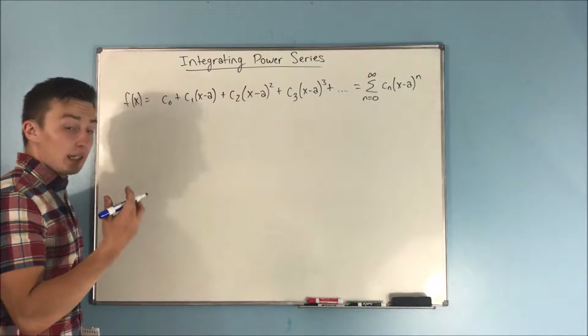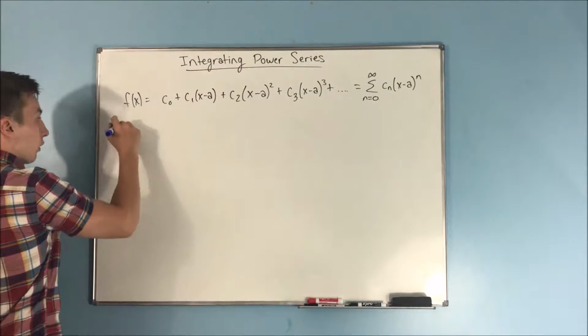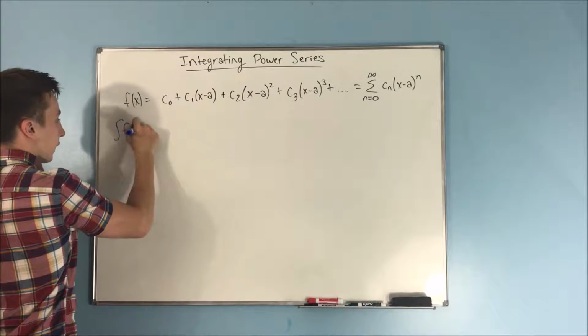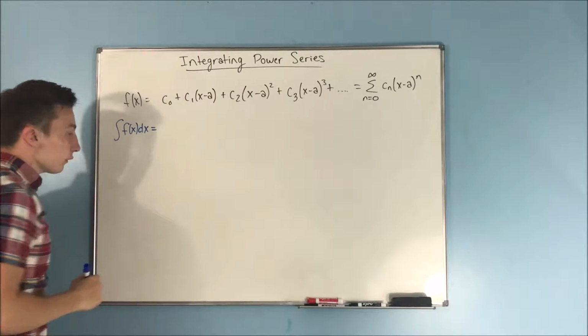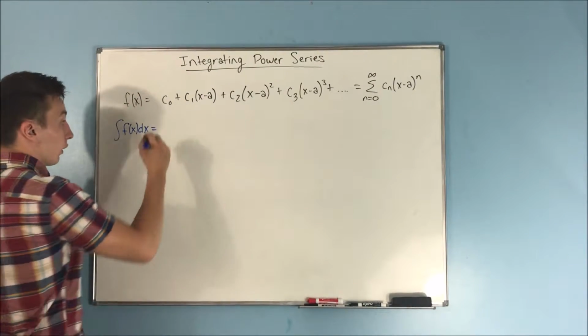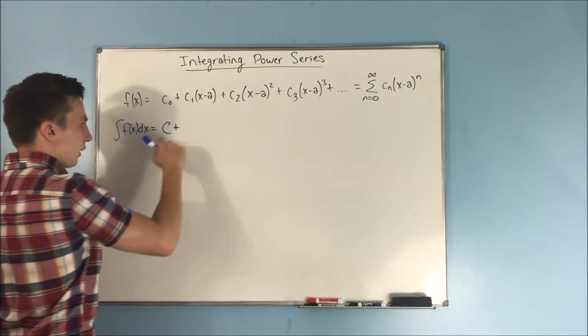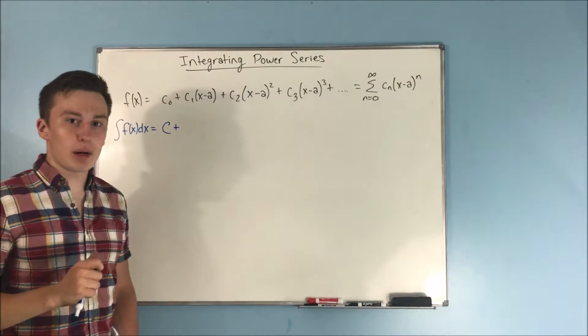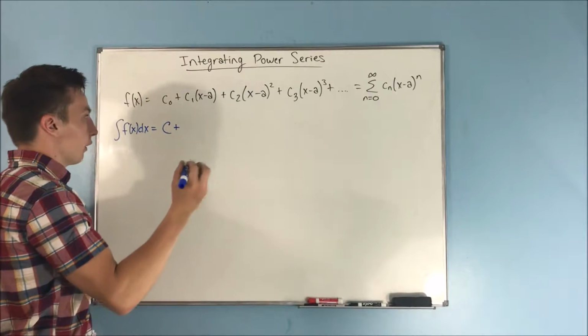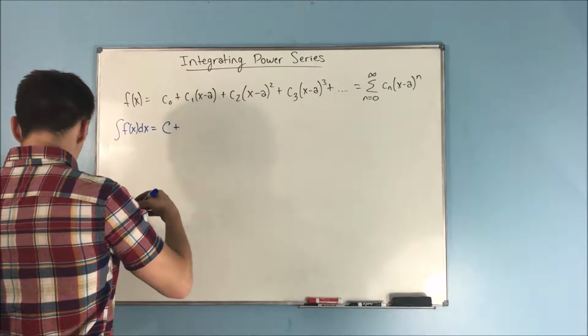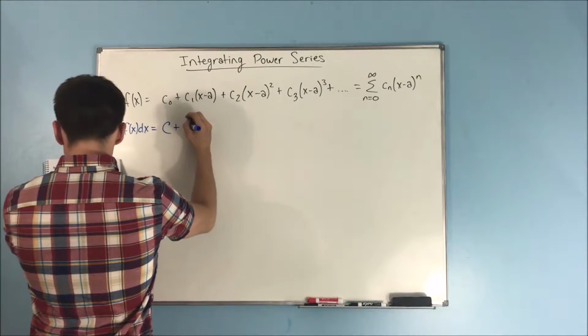Now if we take an integral of f of x dx, this is now equal to our constant c, probably the most different thing about the integrals compared to the derivatives. Otherwise, it's not much different.